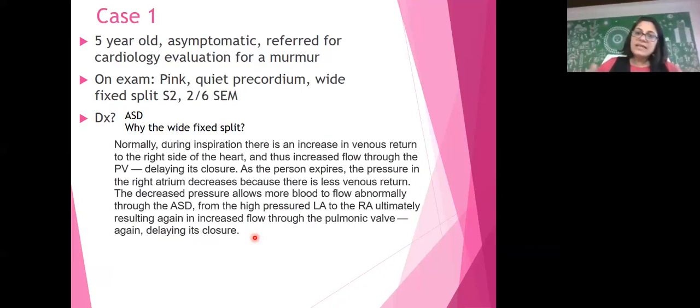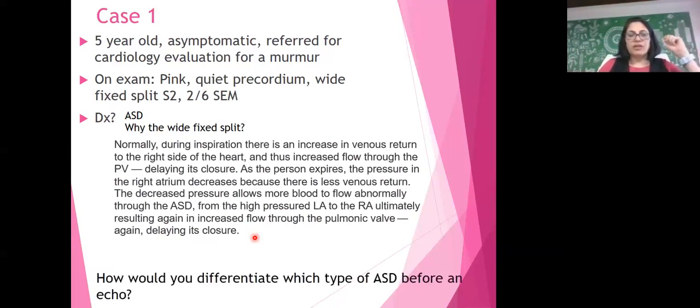So there's still increased flow across the pulmonary valve. So even in expiration, the split is wide. That is why it is wide and fixed. In normal people, the split is wide but it varies. Here it doesn't vary. So getting in the habit of hearing that wide fixed split is a very good clue for an ASD.